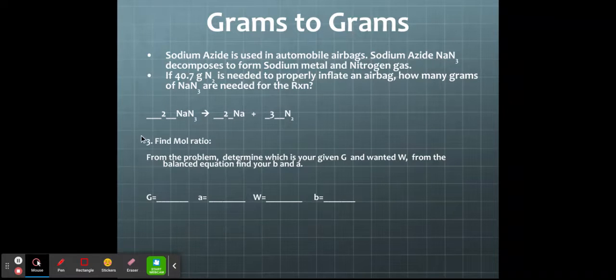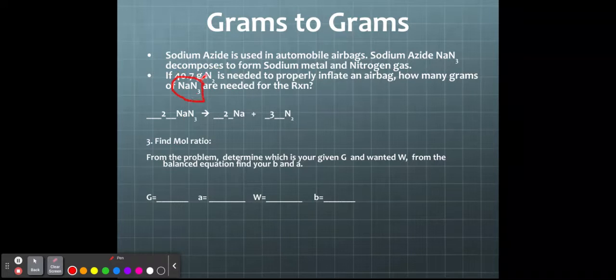Step number 3 is to find the mole ratio. Now you can determine from the problem which is your given and which is your wanted. We already know that the 40.7 grams of nitrogen are your given, and NaN3 is your wanted.